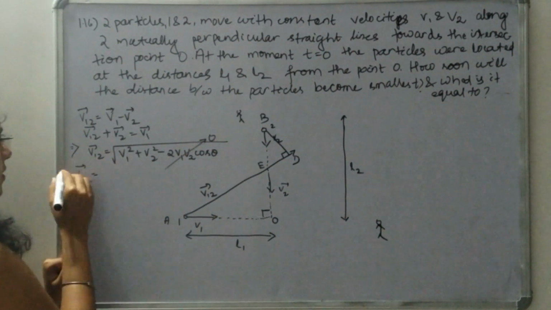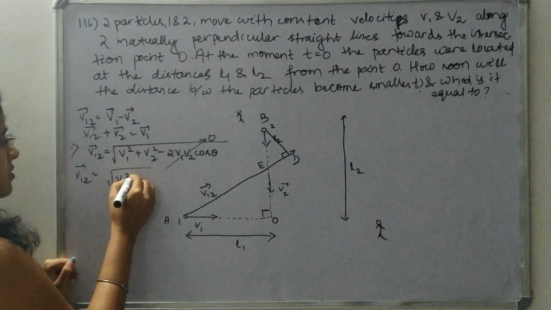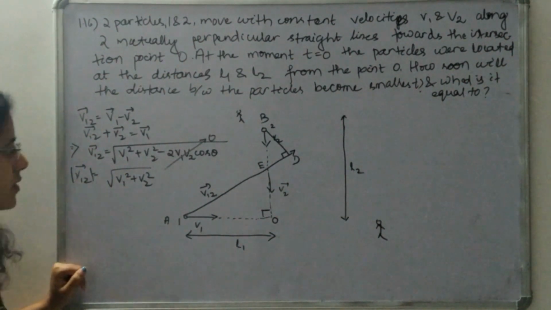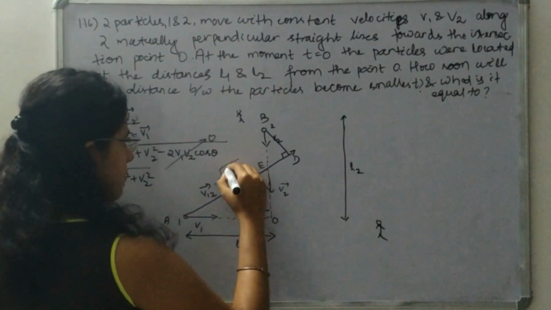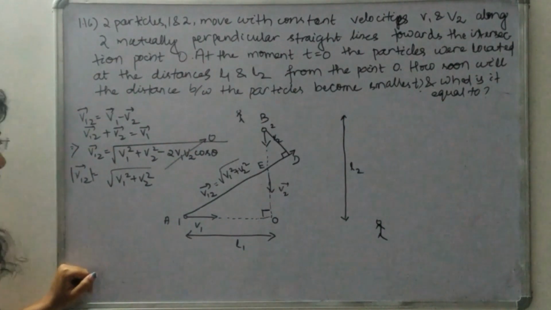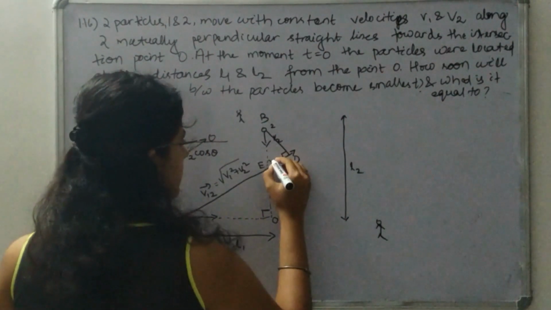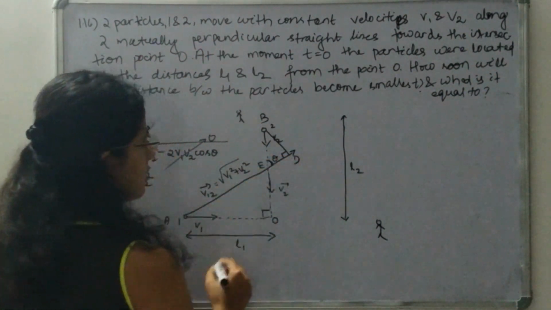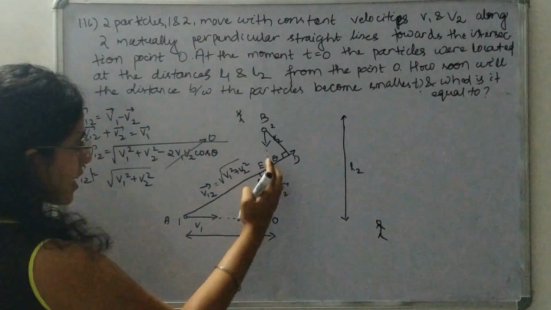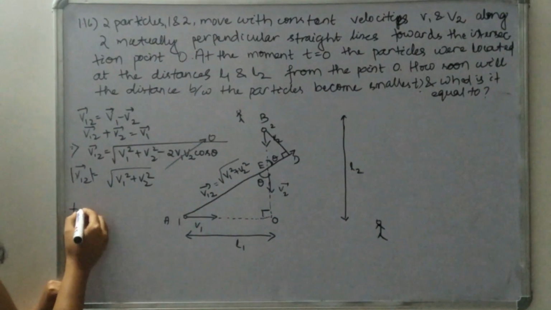So the magnitude of V12 vector is the square root of V1 square plus V2 square. Let us take this angle as theta, so this angle is also theta. For this AOE right angle triangle, tan theta is how much?